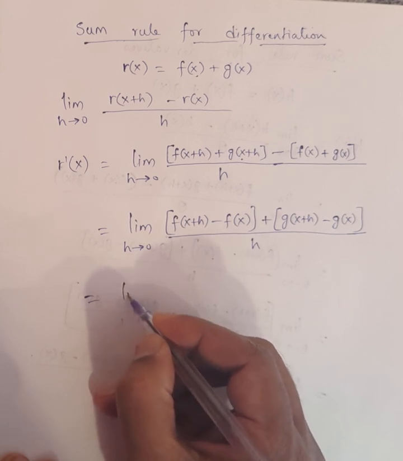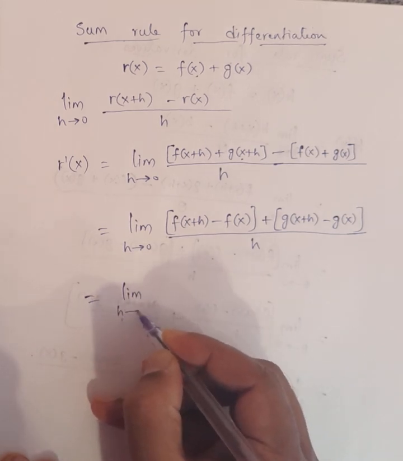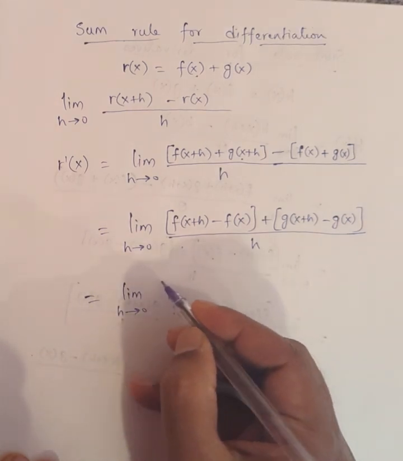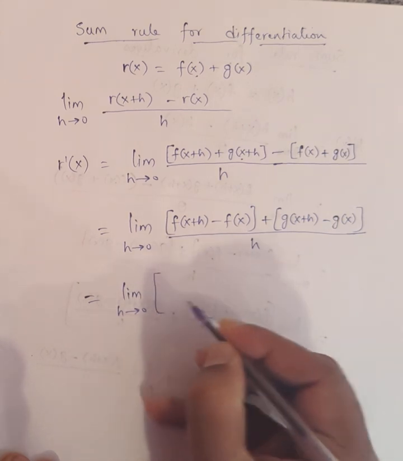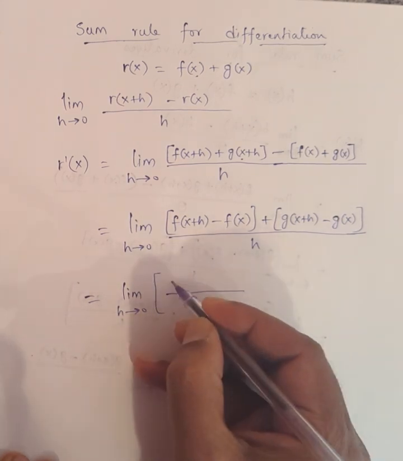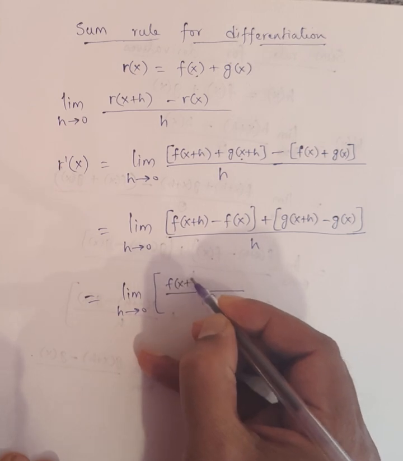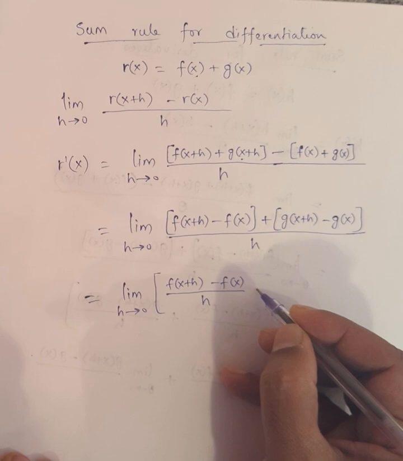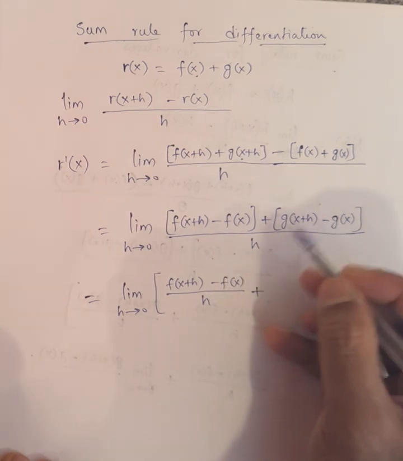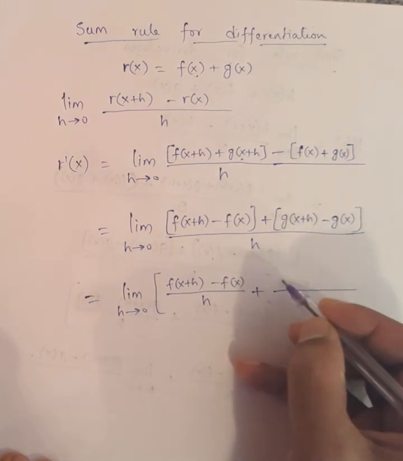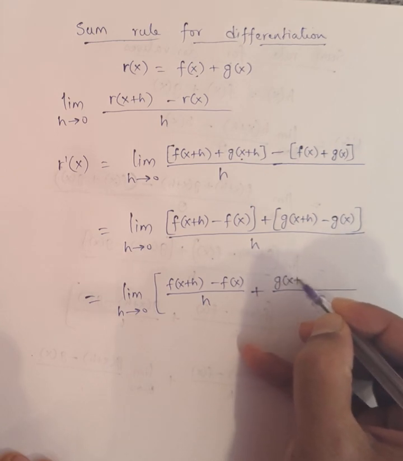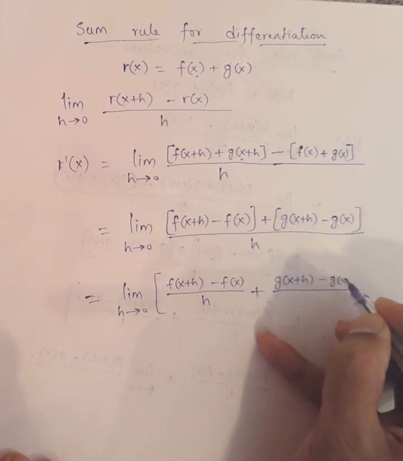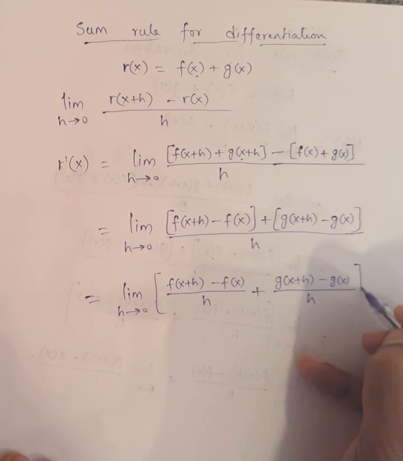All right, so now I can write this as a sum of two fractions. So the limit as h approaches 0 of the first fraction is f of x plus h minus f of x over h, and then plus the next fraction is g of x plus h minus g of x over h.